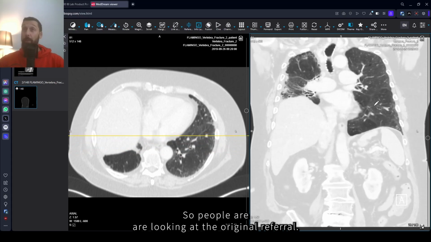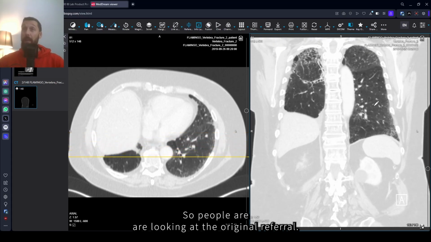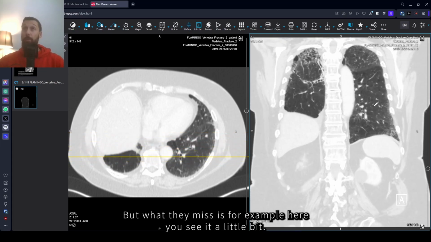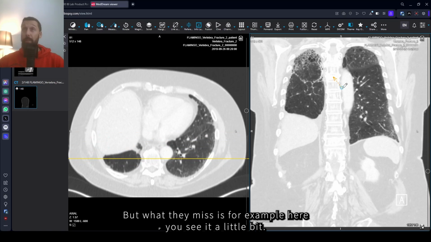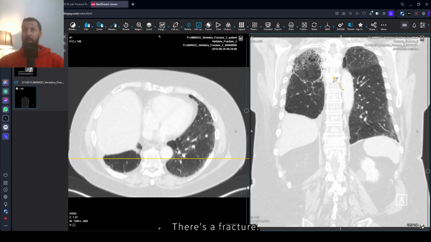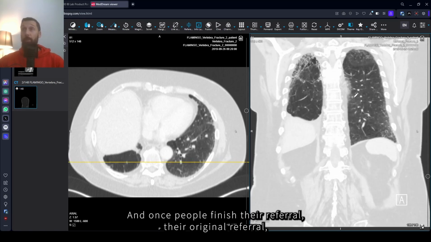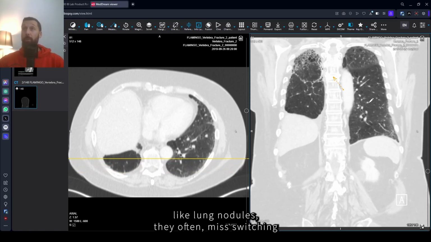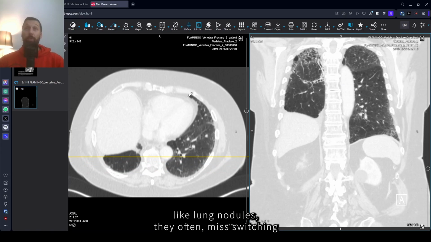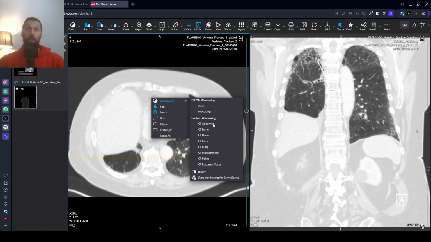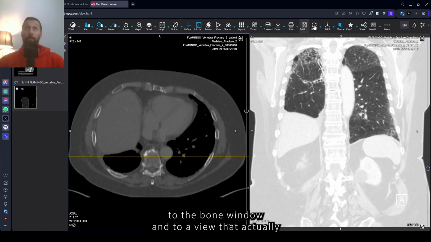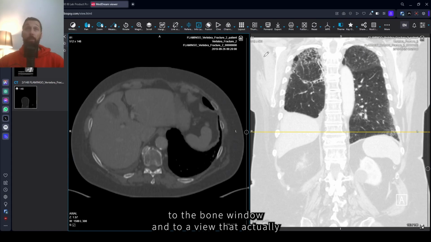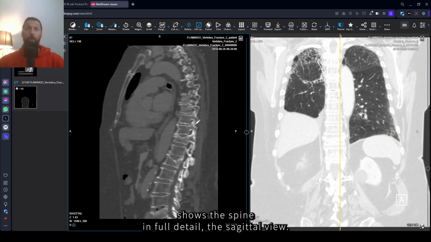So people are looking at the original referral, but what they miss is, for example, here you see it a little bit, there's a fracture. However, it's not very visible in these kind of views, and once people finish their original referral, like lung nodules, they often miss switching to the bone window and to a view that actually shows the spine in full detail, the sagittal view.